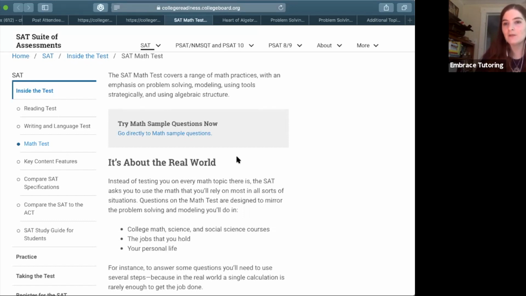That is one of the best strategies to take on this math section, which I've talked about before: consider that there are many different ways on this test to solve a problem.